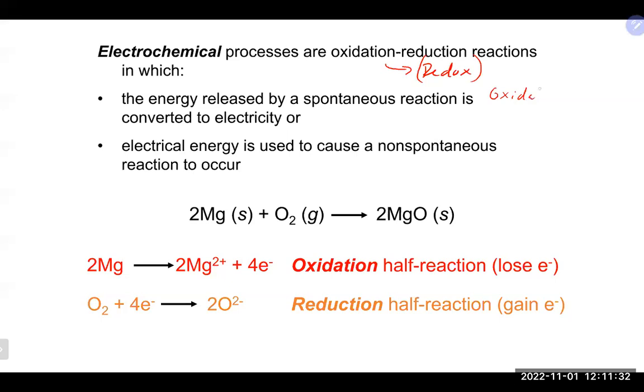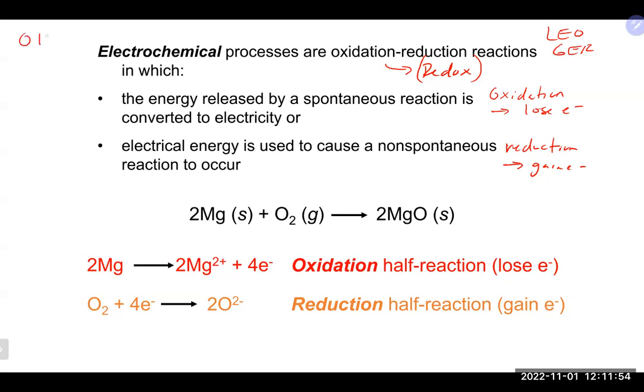Oxidation typically means that you lose electrons. Reduction usually means that you gain electrons. Some people remember Leo the lion goes grr. Loss of electrons, oxidation; gaining of electrons, reduction.